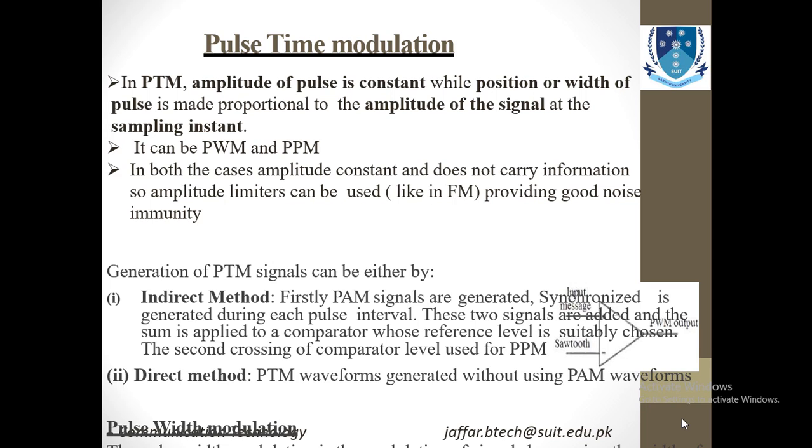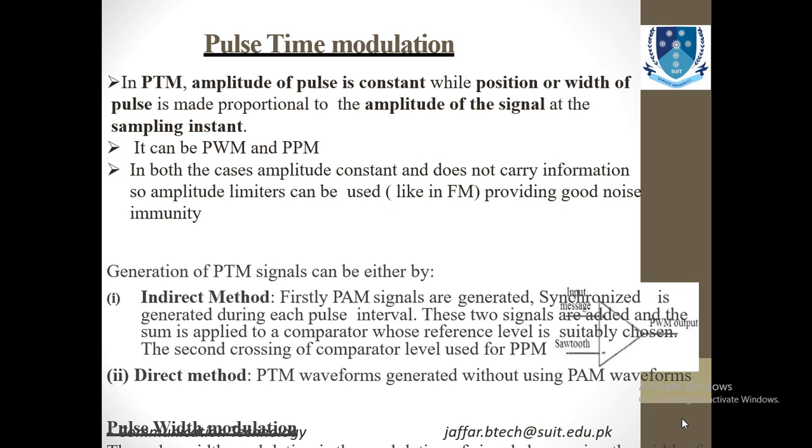If you recall the FM scenario, in frequency modulation the amplitude and the phase were kept constant, while only the frequency was changed according to the input amplitude. Similarly, in pulse width modulation and pulse position modulation, amplitude limiters are used, just like in FM.